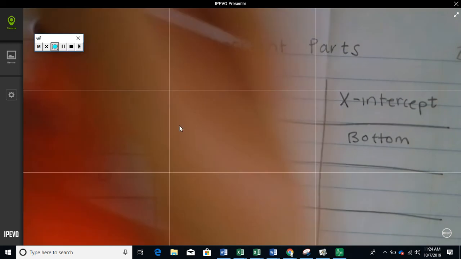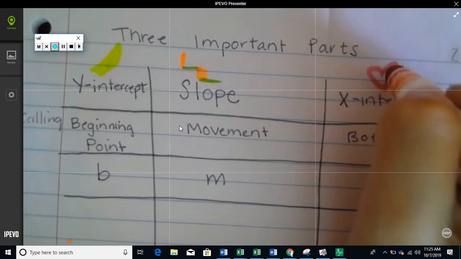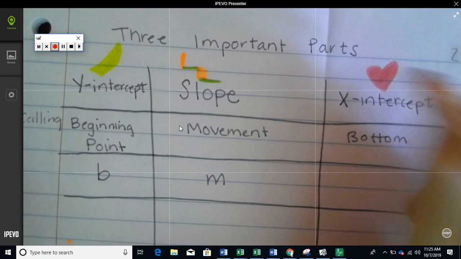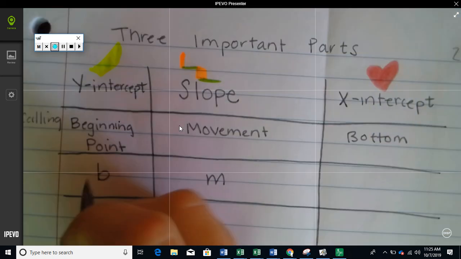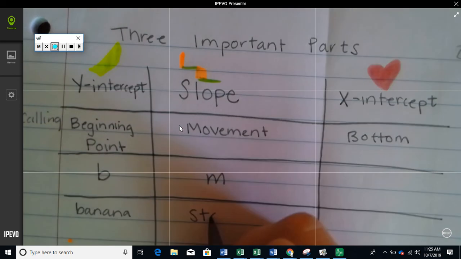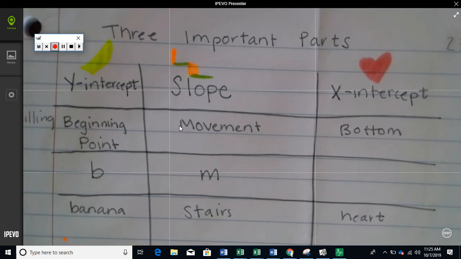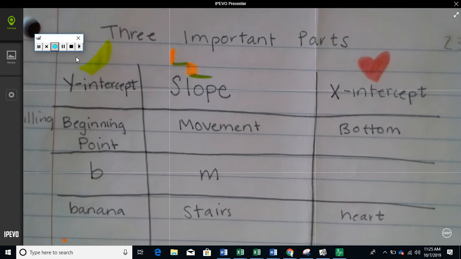Okay, and you're going to think about slope as stairs. For the x-intercept, because at one point your x had your heart, we draw a heart for the x-intercept. Okay, please write these, please draw them. I will get those to you. Okay, and these are the symbols that we use. Alright, let me get those highlighted.